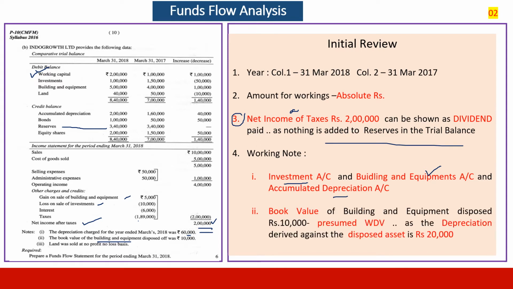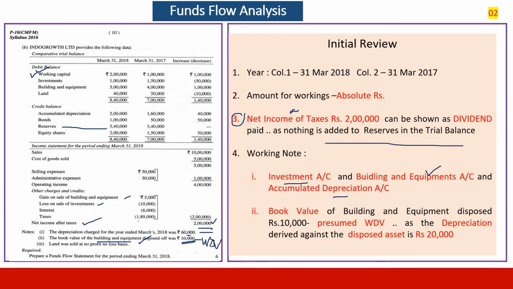Number 2, here if you look into the book value of the building is given as 10,000, and when we do the workings we find depreciation on this building is 20,000. Now if the depreciation is more than this cost, it means this is WDV, not the original book value or original cost.